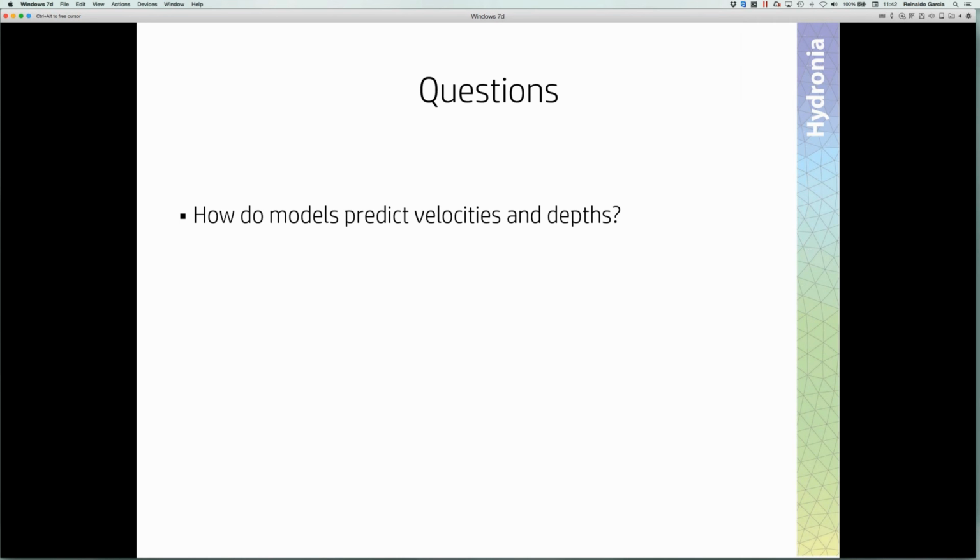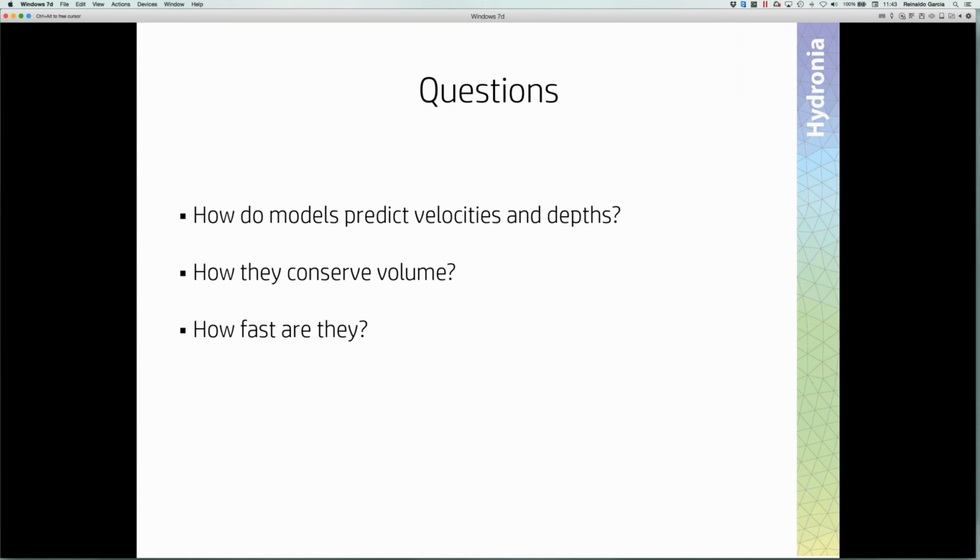Now, the questions we are going to try to answer, and hopefully we'll succeed in this, are: how do models predict velocities and depth? How do they compare in benchmark tests? How do they conserve volume? Is the volume conservation that they report, if they report it, good enough? Is it reasonable or not? Then how fast are they? Are the models fast enough?